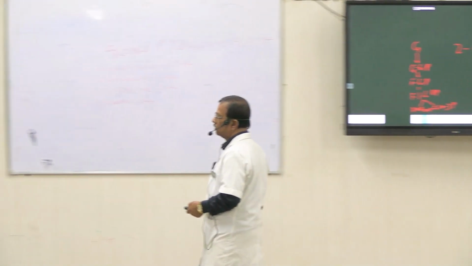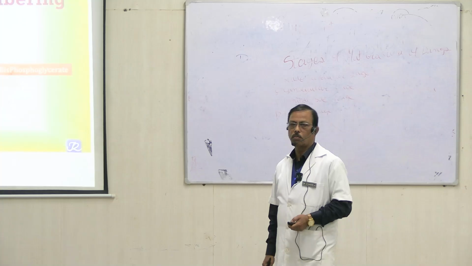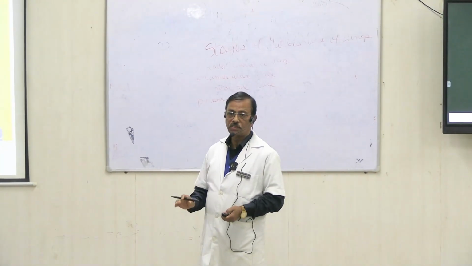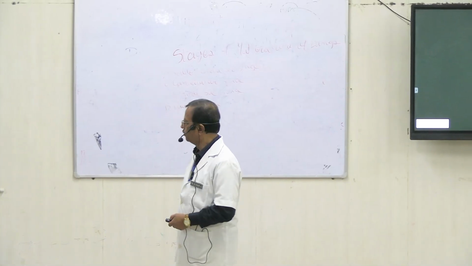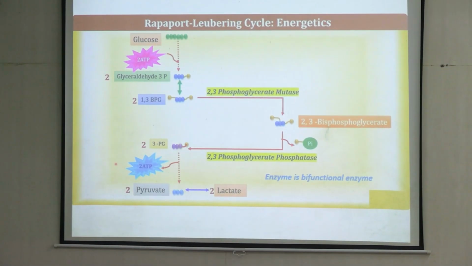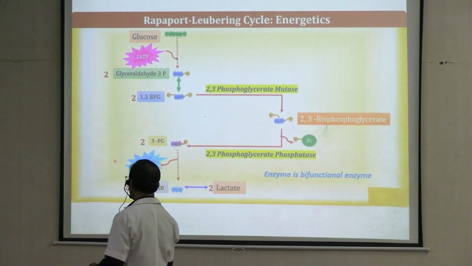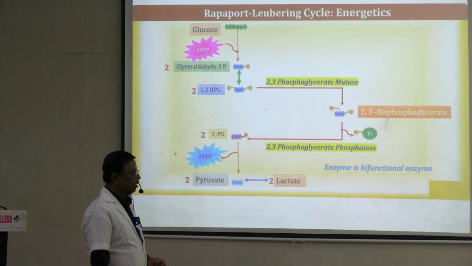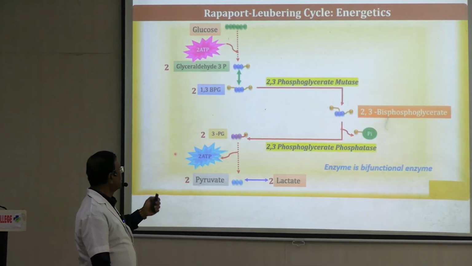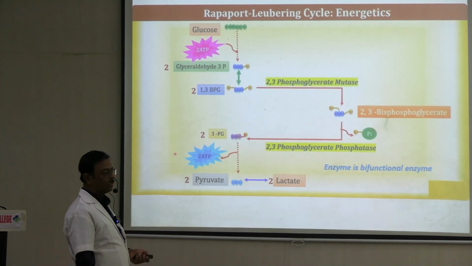So this part is not taking place in the case of the Rapoport-Luebering cycle. So we are losing one ATP here. So in the case of the Rapoport-Luebering cycle, what is the energetics? There is zero production of ATP. So what is the importance of this cycle taking place in the RBC?